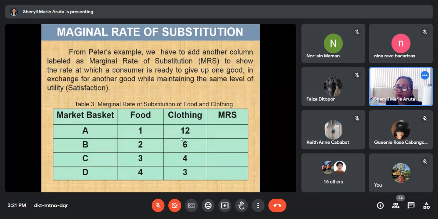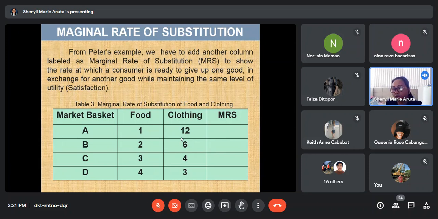So we look at how much clothing Peter is willing to give up just to increase one unit of his food. This is grounded on the idea that whatever market basket we create, they will have the same level of satisfaction.